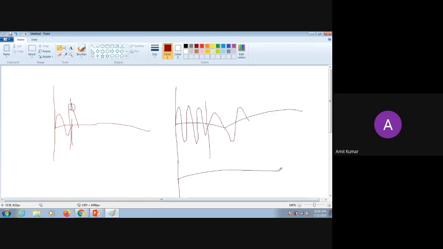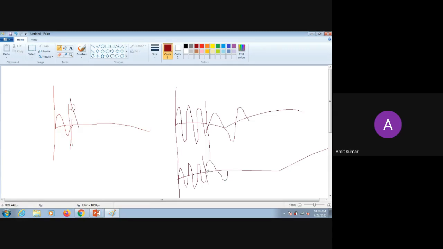Now if you see coherent FSK, how will it look? It will be the same up to this point. Now it has ended here, so what it will do, it will go up to this and it will start again from zero.